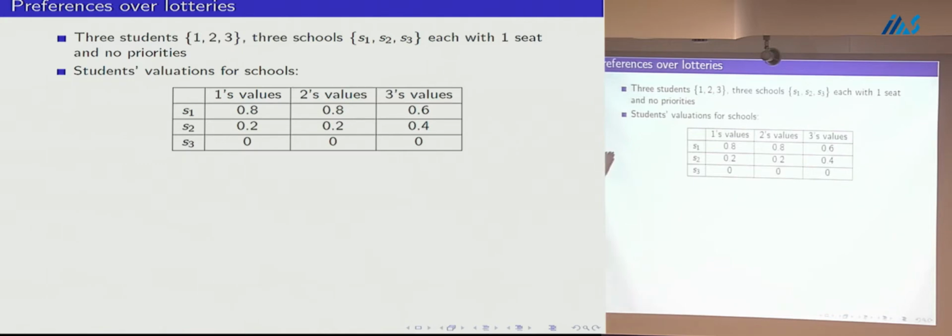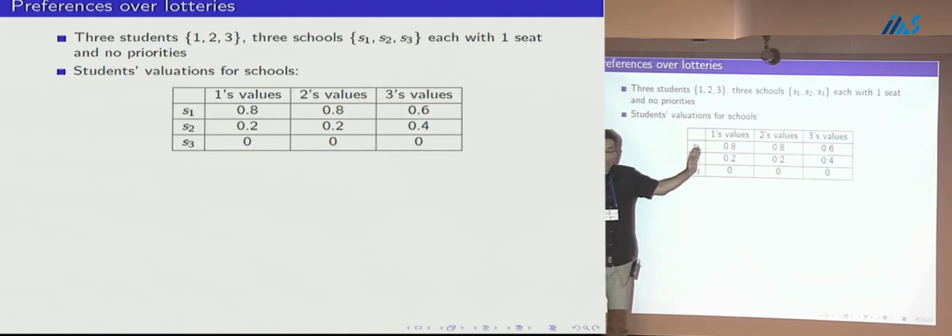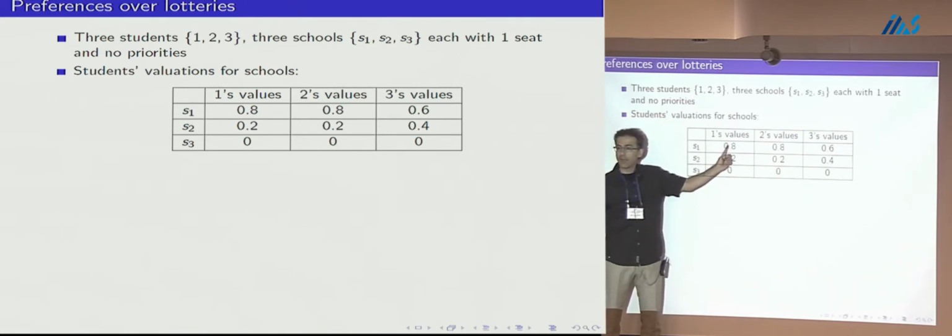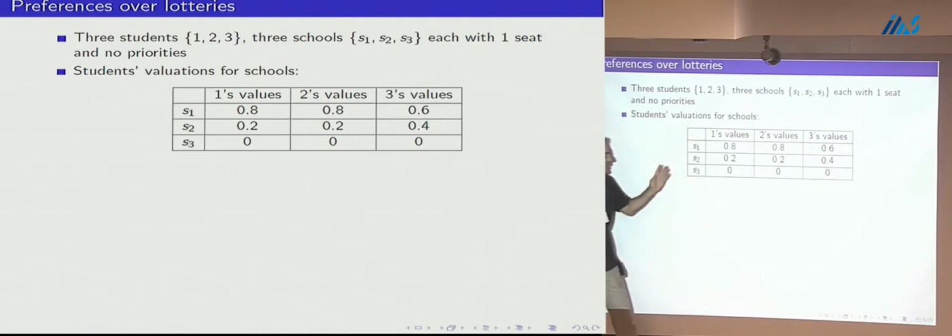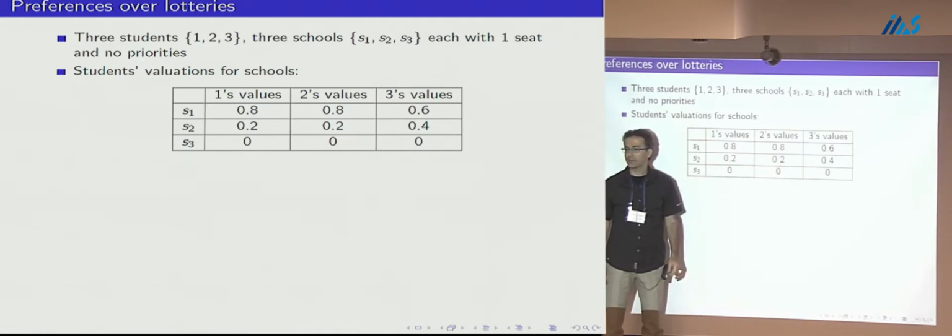So deferred acceptance is strategy-proof, right? In this particular case, each student likes S1 the most, then S2, then S3. Since it's strategy-proof, everybody is going to submit their preferences truthfully. Everybody is going to rank S1 first, S2 second, S3 third. Since the assignment is random, each student is going to get each school with probability 1/3.